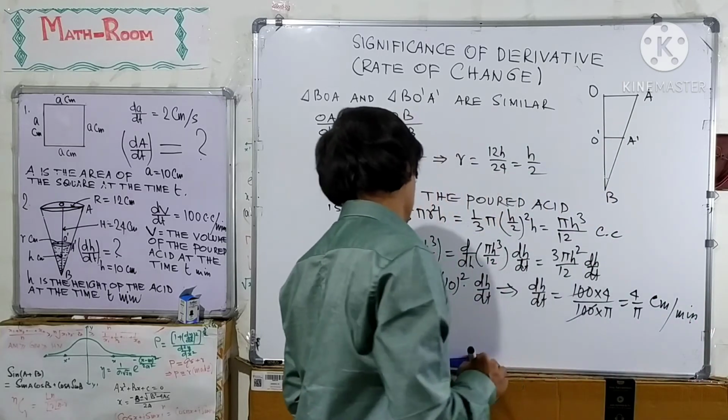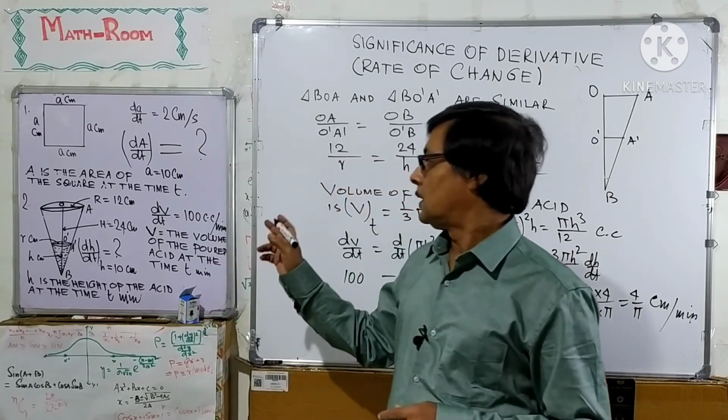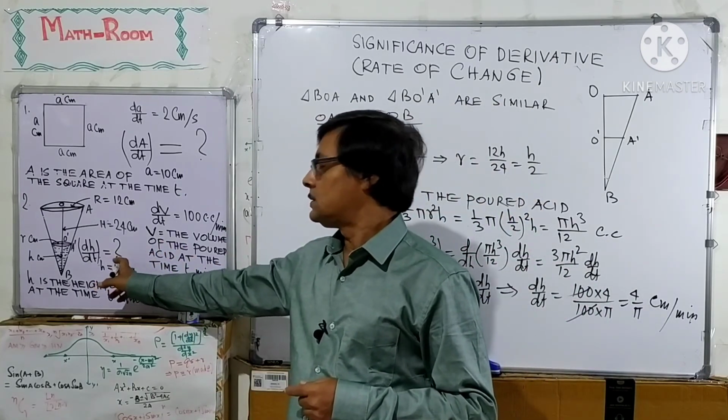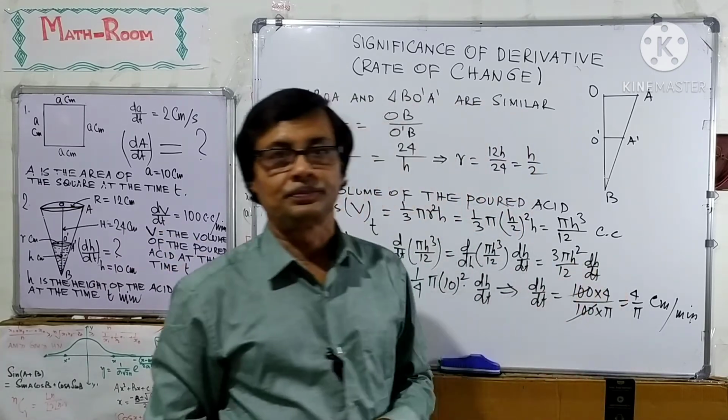This is the rate of change of the height of the poured acid with respect to time t, when height h equal to 10 centimeter. This is the result.